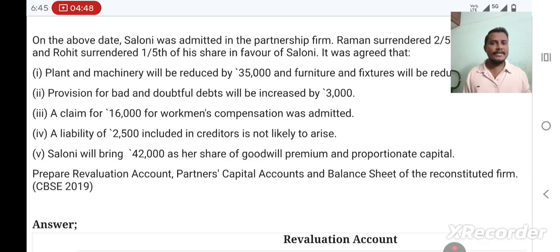Next, a liability of 2,500 included in creditors is not likely to arise, which means the creditors have some 2,500 liability that in the future will not arise, meaning you don't have to pay. So your liability of 2,500 is getting decreased. Since the liability is getting decreased, you write it on the credit side of the revaluation account: by creditors 2,500.